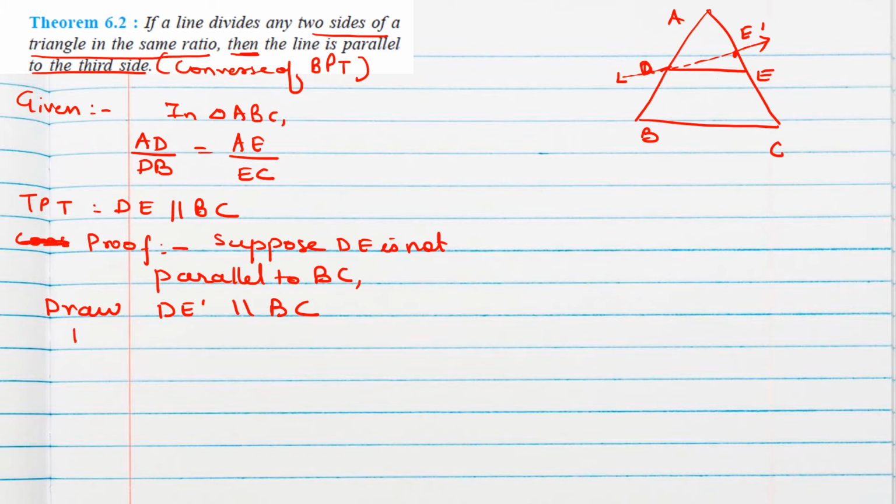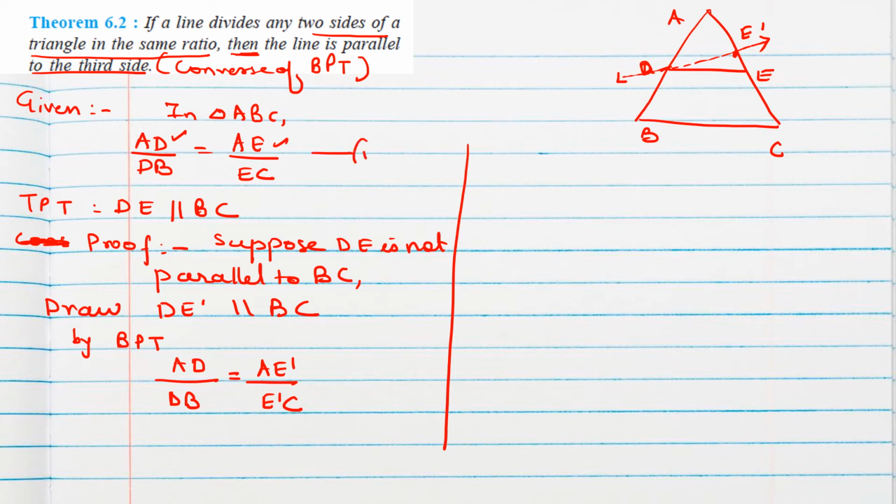So by BPT, if this line is parallel to BC, that means this point divides the other two sides in equal ratio, and we can write AD by DB as AE dash by E dash C. But in the theorem it is given that AD by DB is equal to AE by EC.